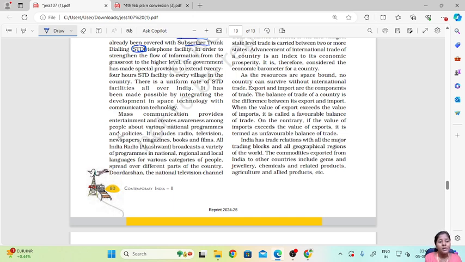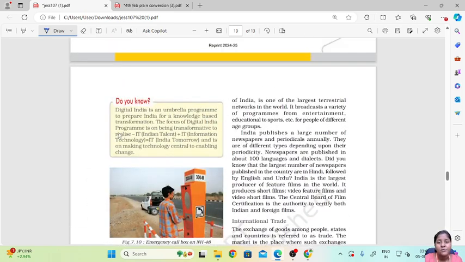All India Radio, that is Akashvani, broadcasts a variety of programs in national, regional and local languages for various categories of people, which is spread over different parts of the country. Then Doordarshan, the national television channel of India, is one of the largest terrestrial networks in the world, and it broadcasts a variety of programs, from entertainment, educational, sports for the different age groups.